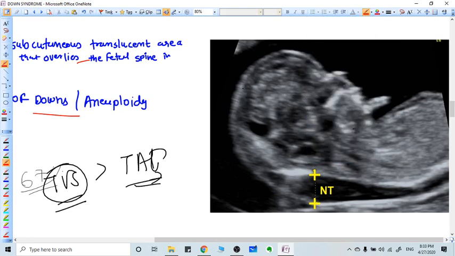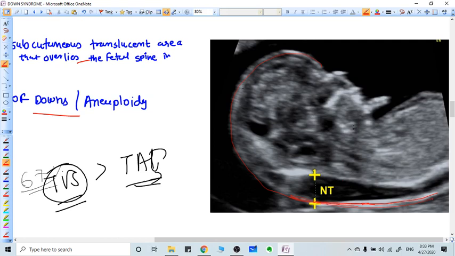Okay, what we are getting here is the fetal head. And here, this line is actually the back of the fetus, and the fetal skin at the back of the fetus.